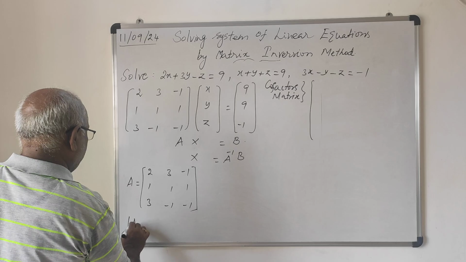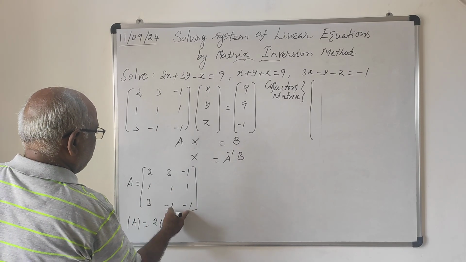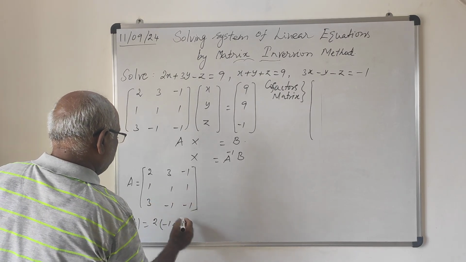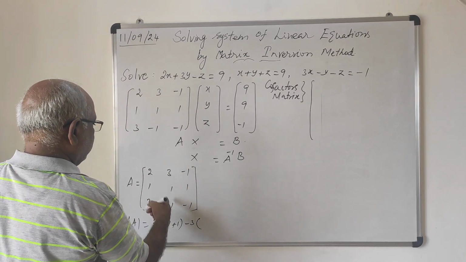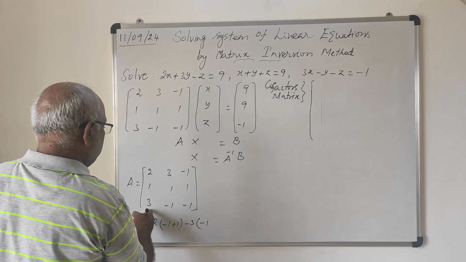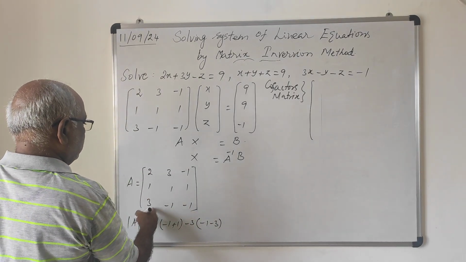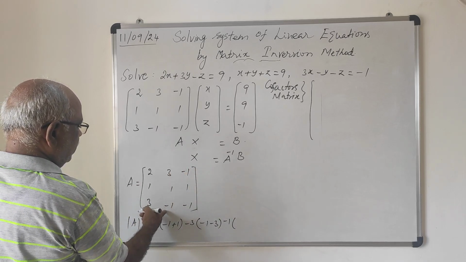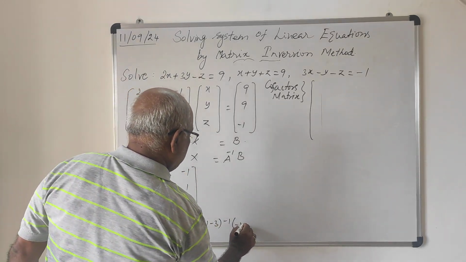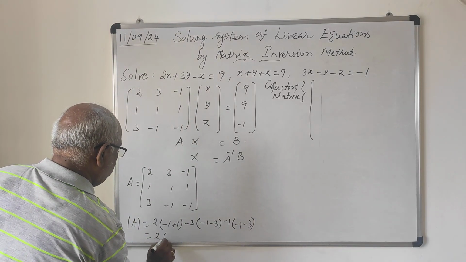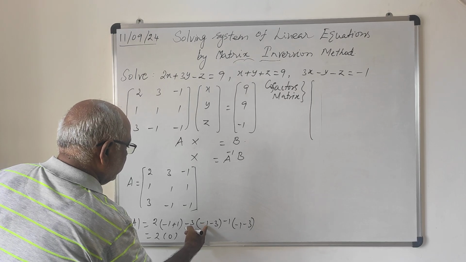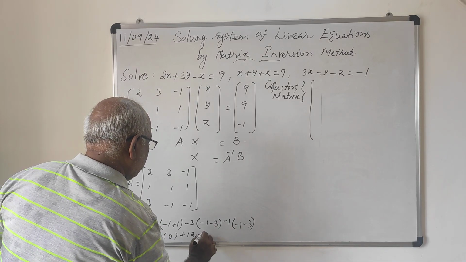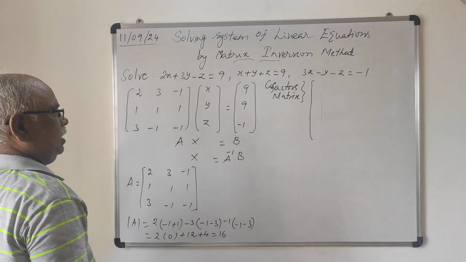We have to find the determinant value of A. That's equal to 2 into (1 into -1, minus 1 into -1), minus 3 into (1 into -1 minus 3 into 1), plus -1 into (1 into -1 minus 3 into 1). That is 2 into (0) minus 3 into (-4) minus (-4), which gives 16. So the determinant value is 16.